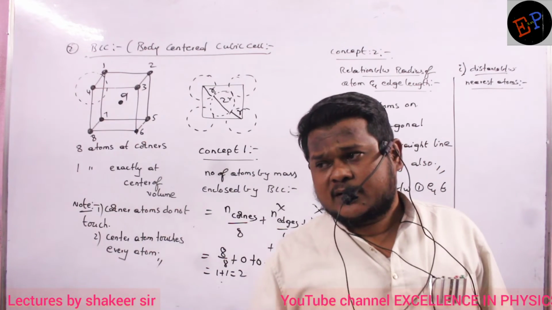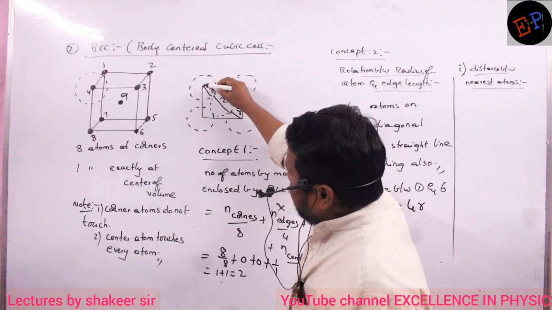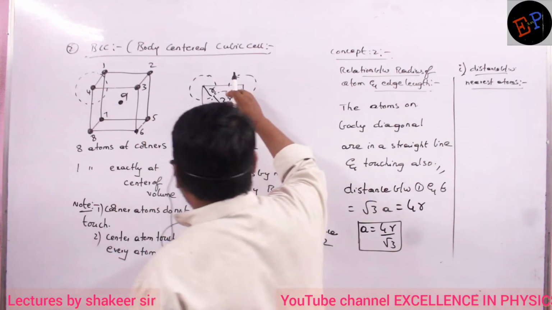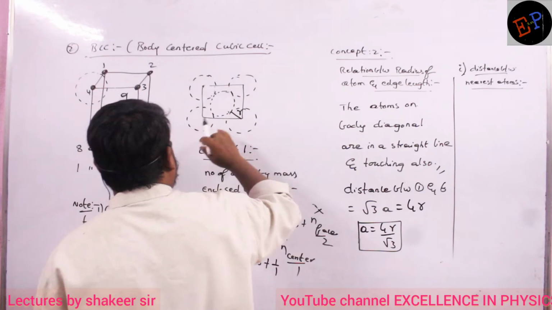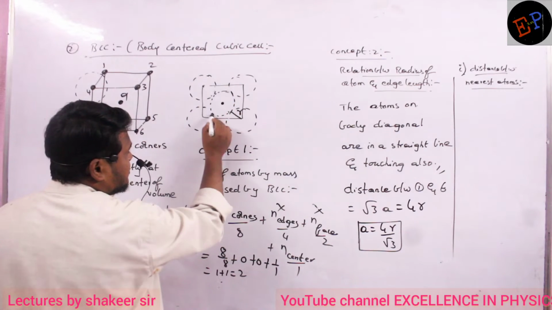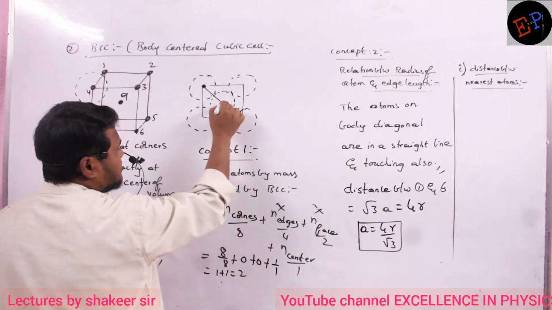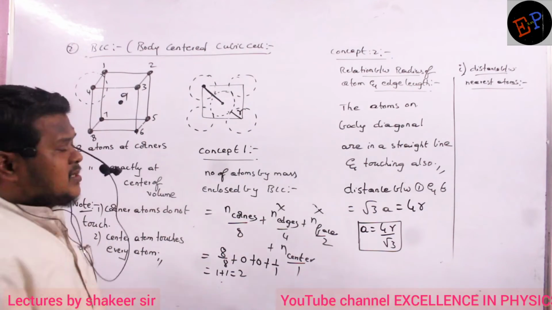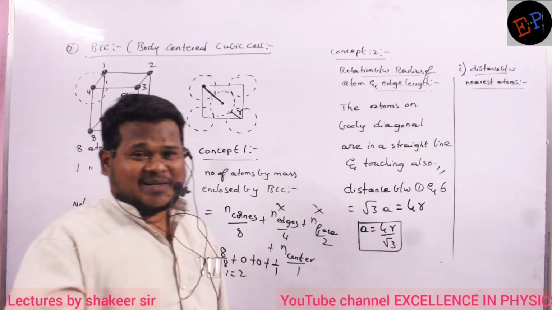One corner atom and one middle atom are touching with each other. So the distance between the center of the middle atom and the center of the corner atom is the shortest distance. Now how much will that distance be? 2r.